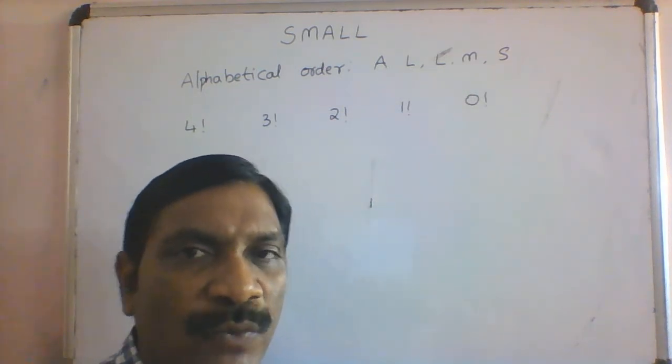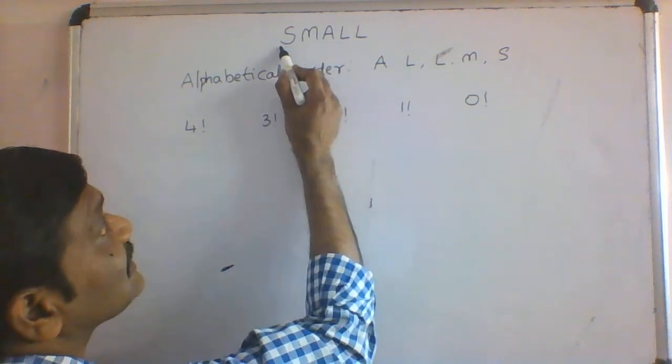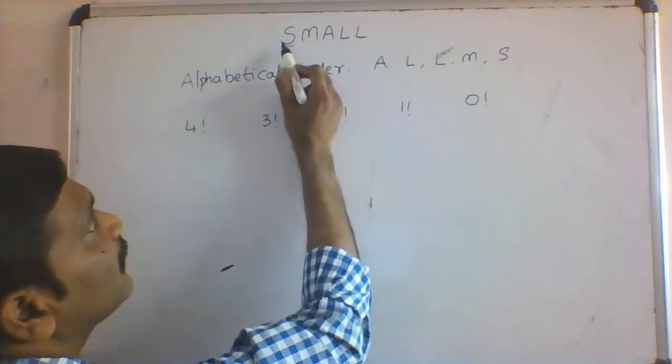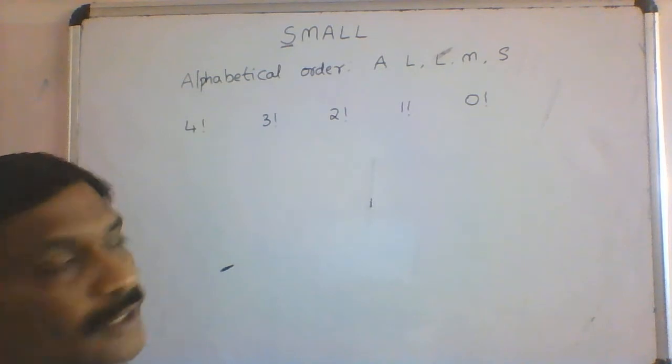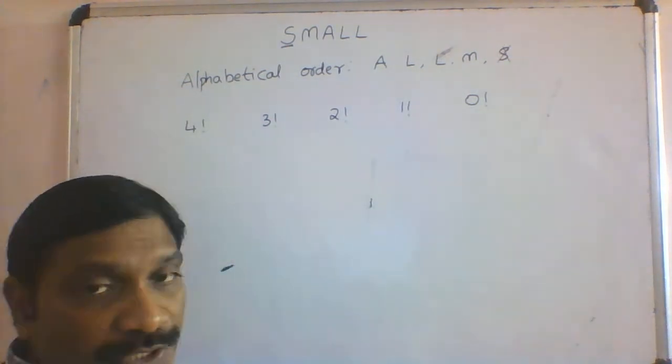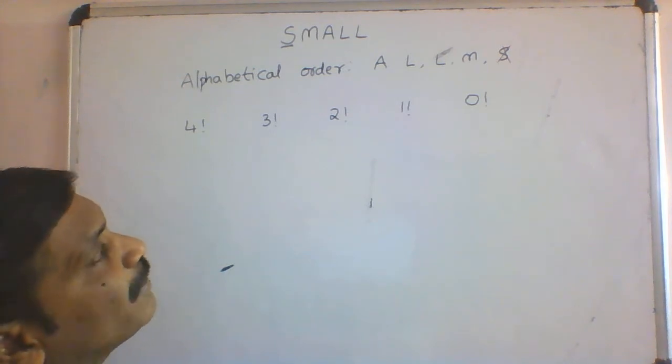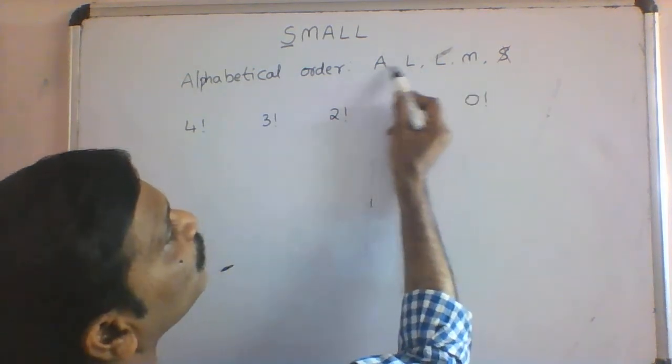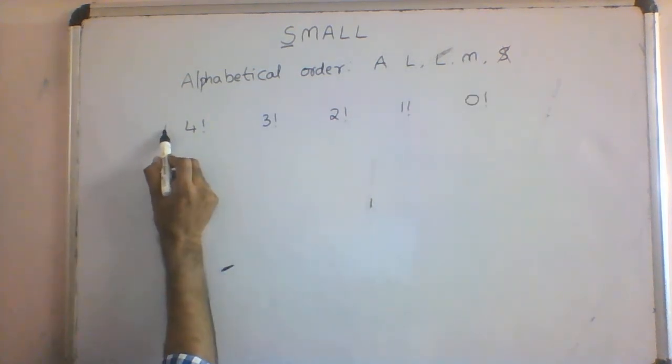What is the first required letter? S. Keep underscore here. And see where is S here. Struck off S. And see how many letters are left over. 4. Keep that 4 here.